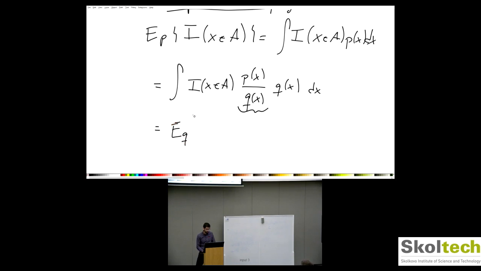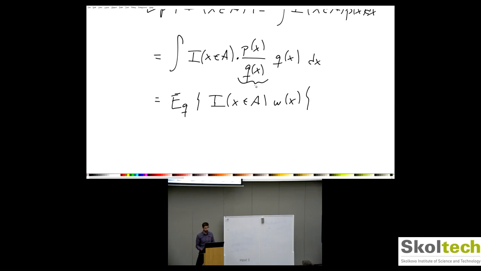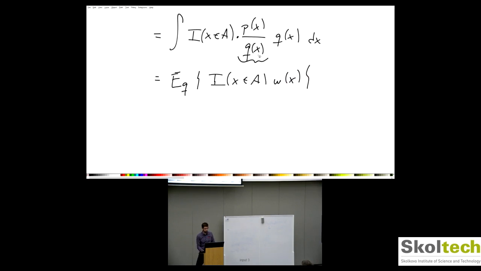It's not going to be the expectation with respect to the probability P, but now of the proposal distribution Q, and then we have the same thing, except for a little detail: this function is multiplied by this term. This is what we are going to call our weight. Weights, importance factors, you name it. So this is a formal definition of these weights.